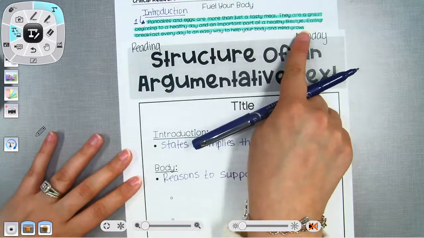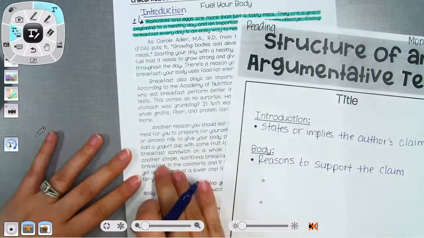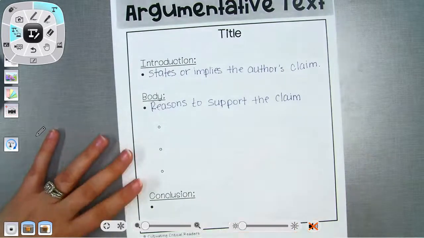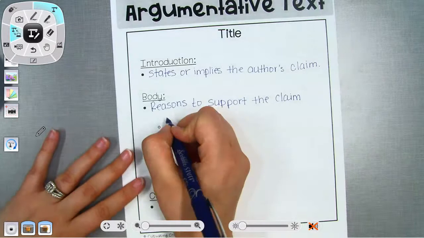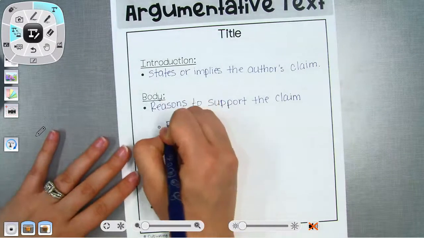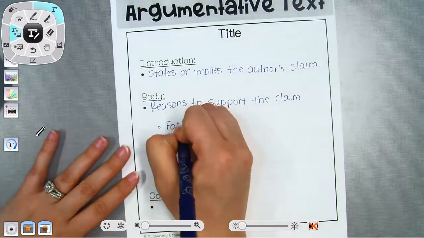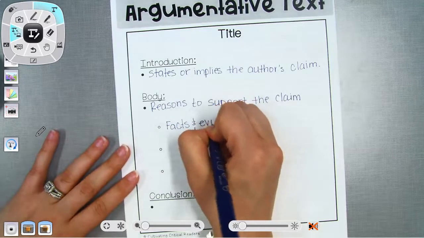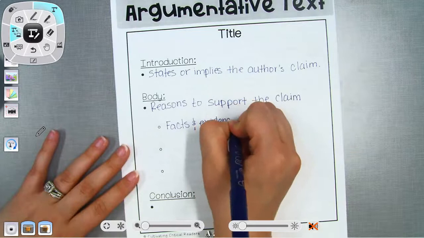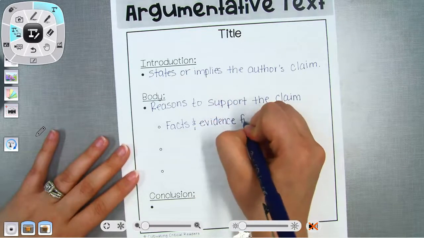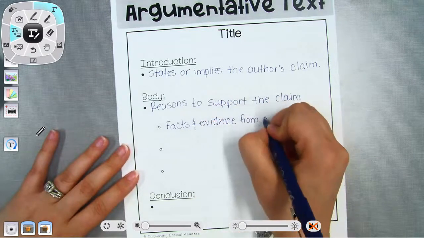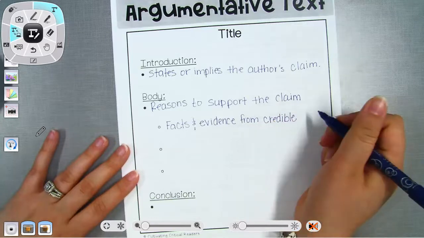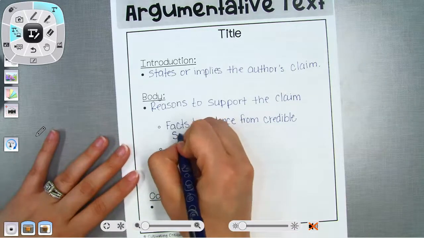That's his claim. Now he's going to give us reasons for that claim. Okay, and when he gives us reasons, it's going to give us facts and evidence from credible sources.